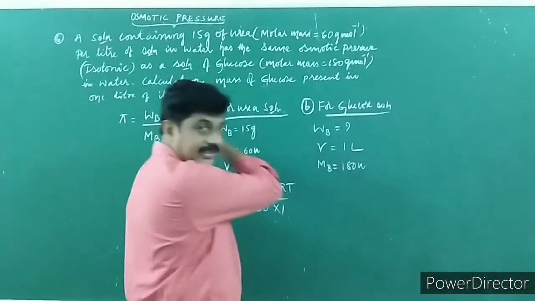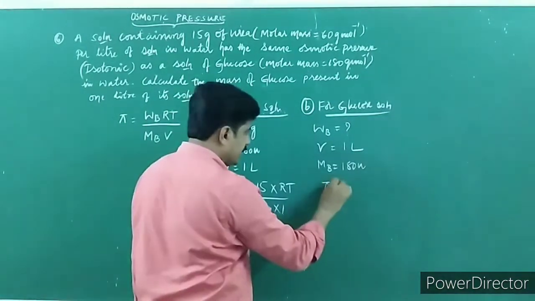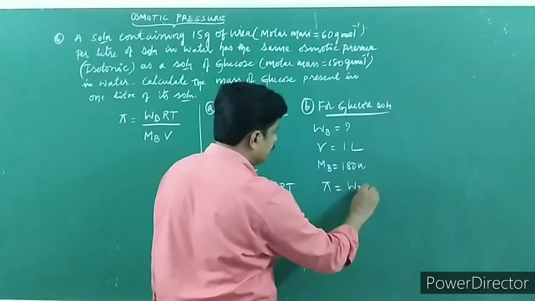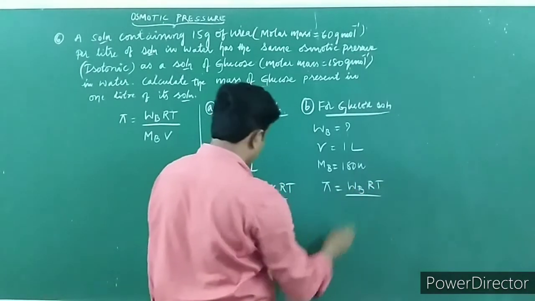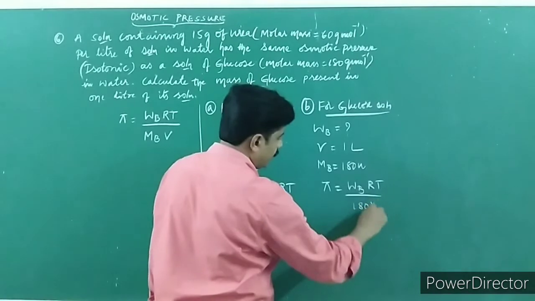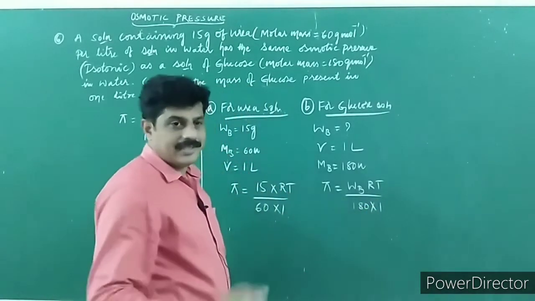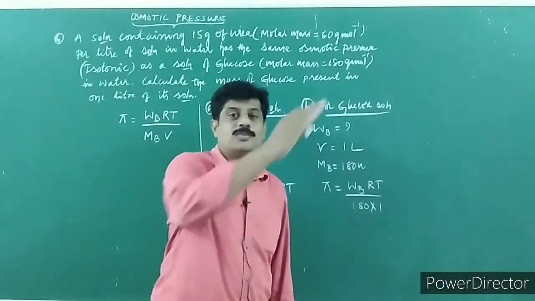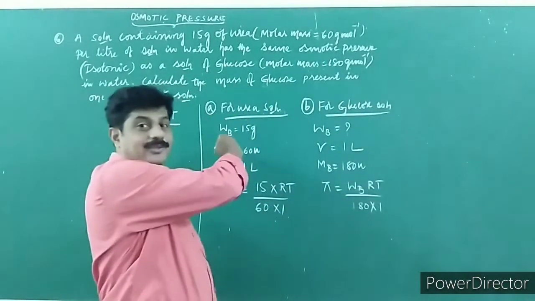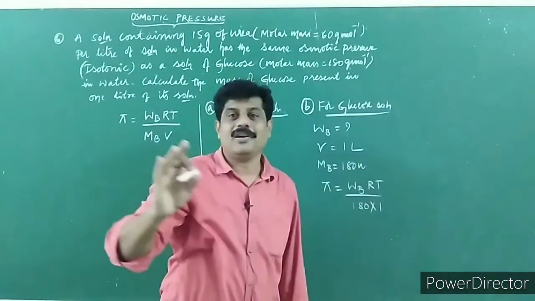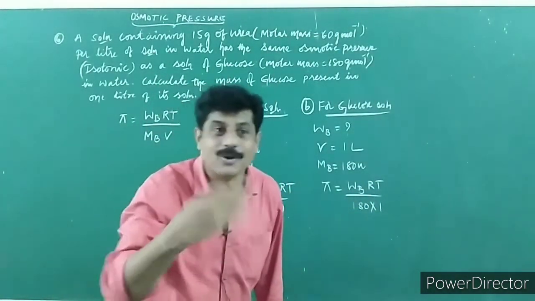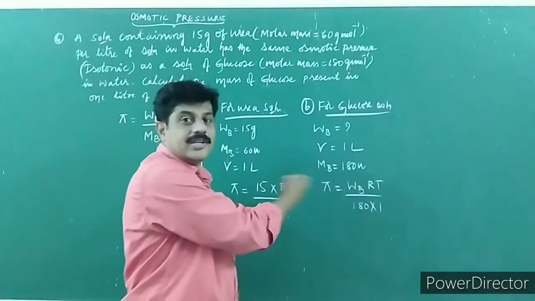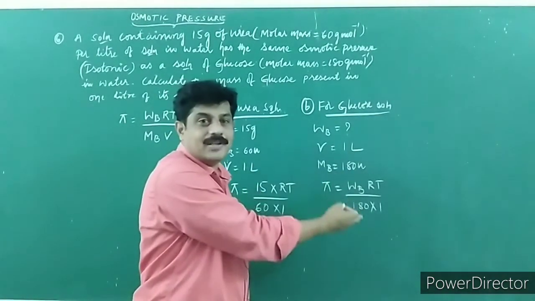Now I'll substitute the values in this equation. What am I going to get? Pi is equal to, okay, WB you need to find out, so I'll keep it as it is, into RT upon 180 into 1. Children, remember, for isotonic solutions, the osmotic pressure of the urea solution is equal to the osmotic pressure of the glucose solution. In that case, I go for equating both the equations I got here, one for the urea, one for the glucose.